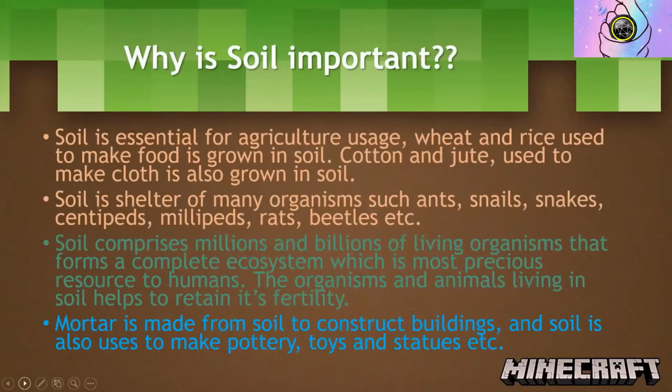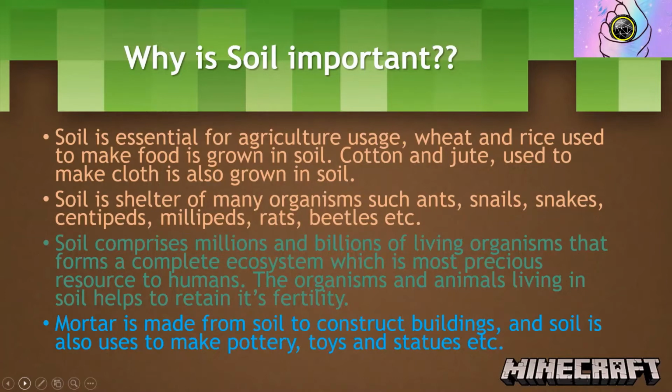Why is soil important? Soil is essential for agriculture. Wheat and rice used to make food are grown in soil. Cotton and jute used to make cloth are also grown in soil. Soil is the shelter of many organisms such as ants, snails, snakes, centipedes, millipedes, rats, beetles, etc. Soil comprises millions and billions of living organisms that form a complete ecosystem, which is the most precious resource to humans.